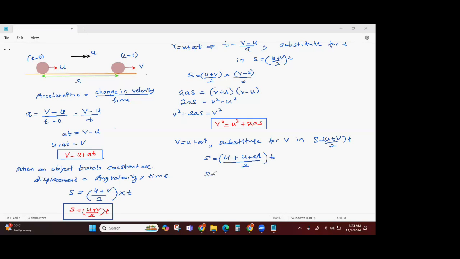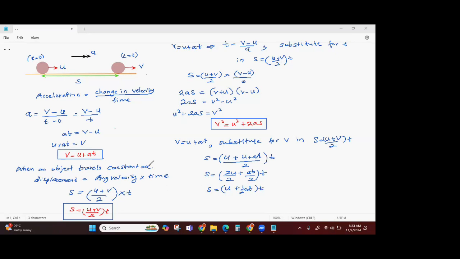So then I can write s equals u plus u is 2u plus at. This whole thing divided by 2, I separately divide by 2, and all things should multiply by time t. So here 2 and 2 cancel, so we get s equals u plus half at into time.